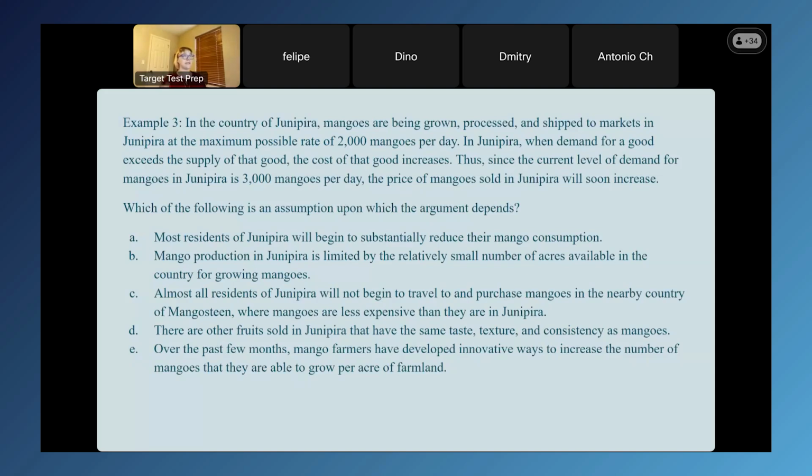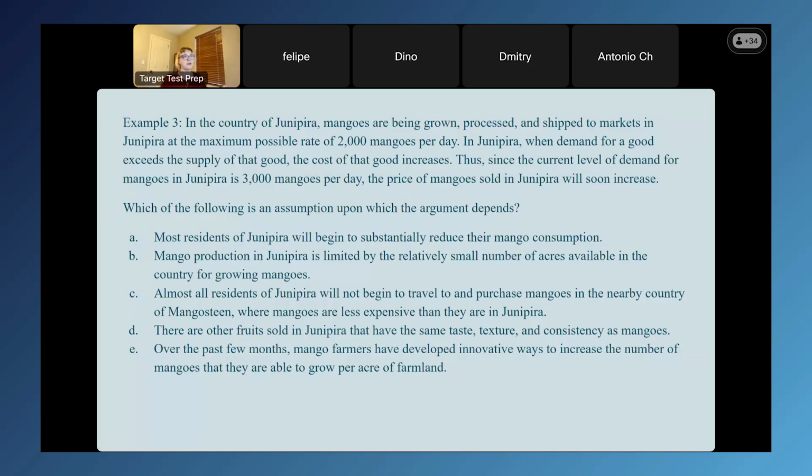They're saying that since the current level of demand exceeds the current level of supply, the price of mangoes sold will soon increase. But if the demand lowers, then that price might not increase in the future. So it hasn't increased to adapt to the mismatch between supply and demand yet.